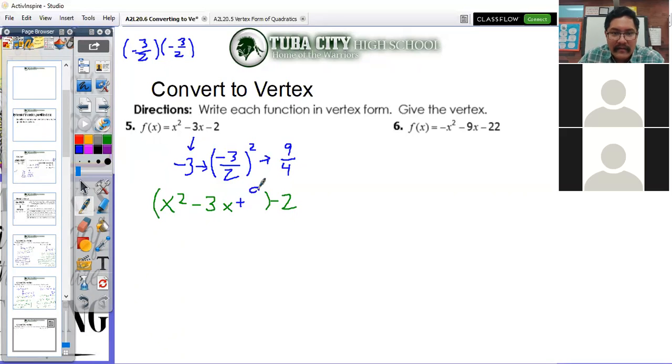So add 9/4, but minus 9/4 here. Now, if at any time I ever want to convert these back into decimal, that's going to be pretty easy. But if I have decimal, it's going to be very hard to transform it back into fraction. You can do it and you can get pretty good at it, but it's not something I really would expect a lot of people to be good at. So we can always turn a fraction into a decimal, but it's way harder to turn a decimal back into a fraction.